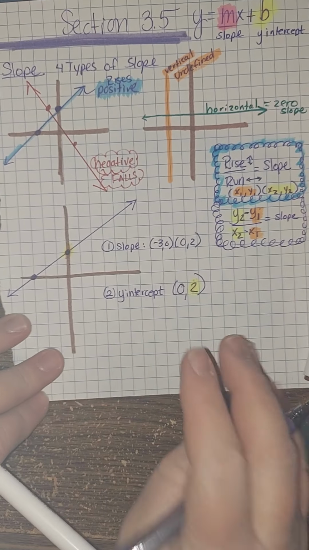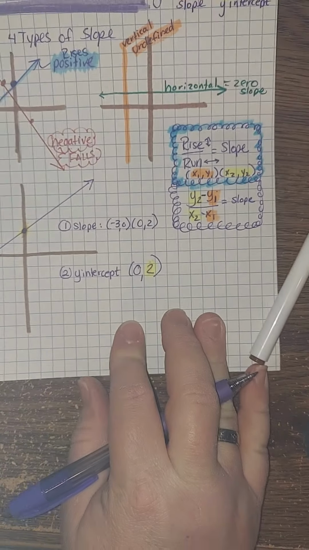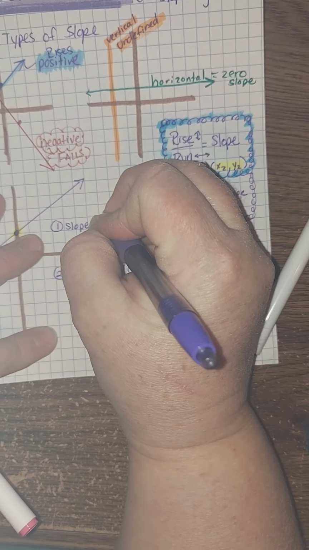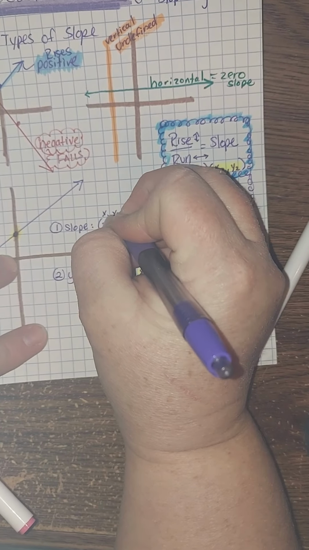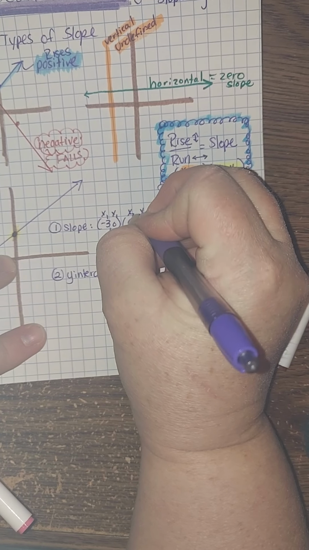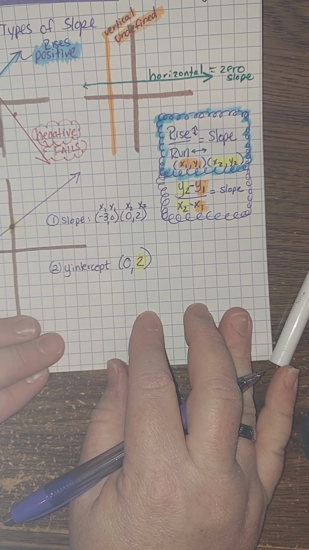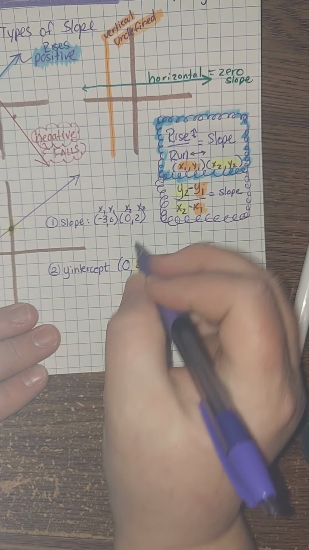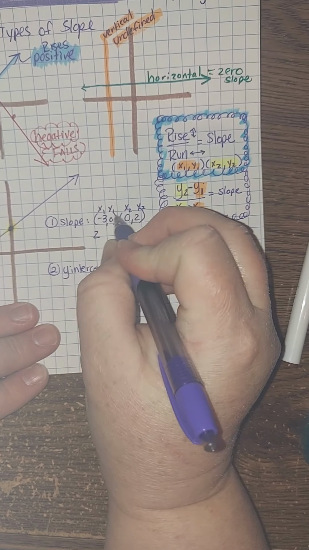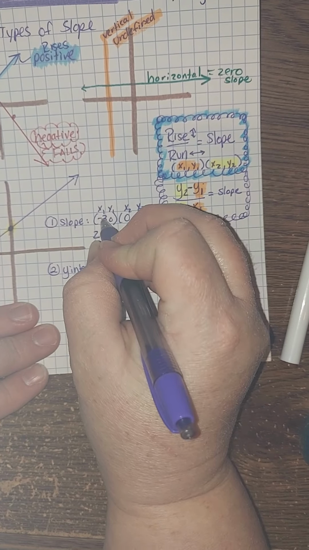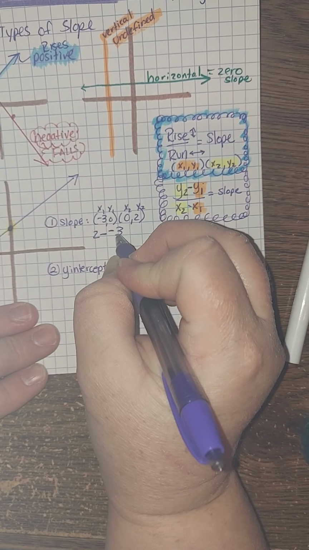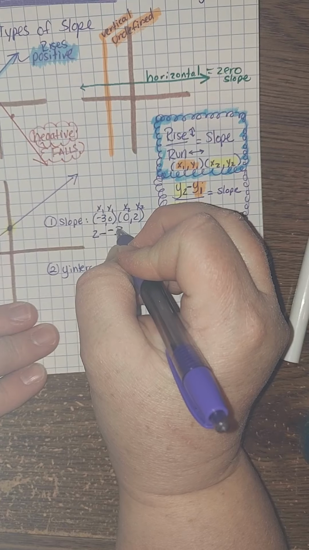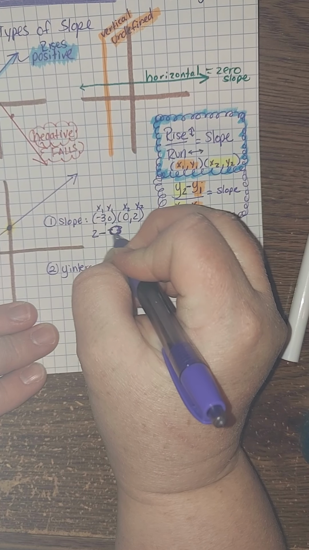Okay? So the first thing I would do if I wanted to calculate these is I would label these x1, y1, x2, y2. Okay? And then I would go ahead and put them in my formula. y2 minus y1. So be careful. Oop, not y1. Oh, yikes. This is Bassett.